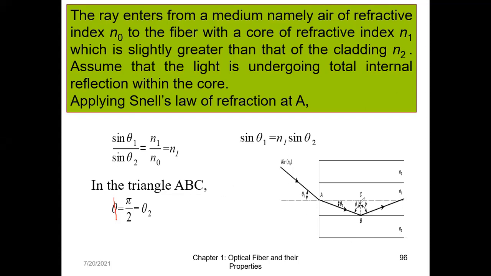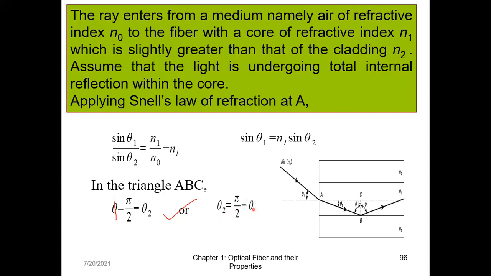This is 90 degrees, and this is phi, and this was already theta 2. So your phi is equal to 90 minus theta 2, or pi by 2 minus theta 2. Yes, all of you? Or I can write theta 2 is equal to pi by 2 minus phi.